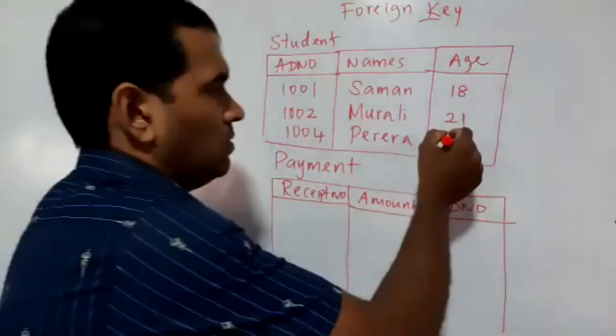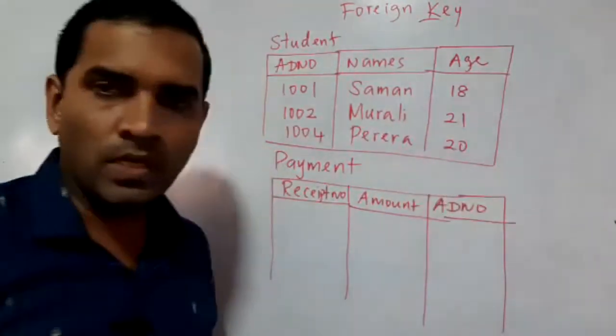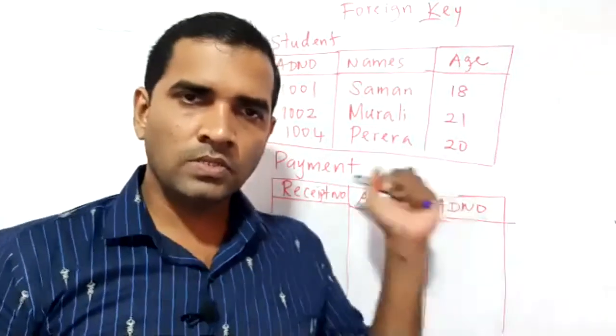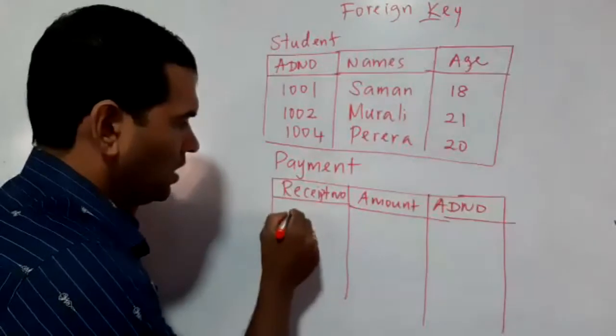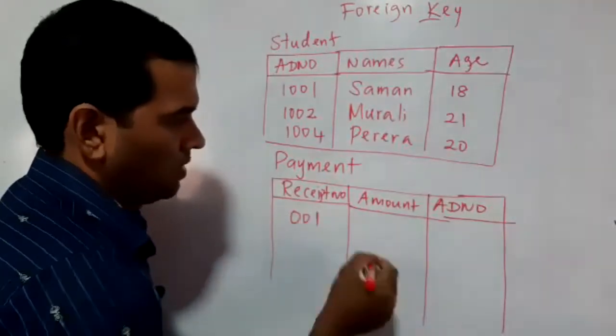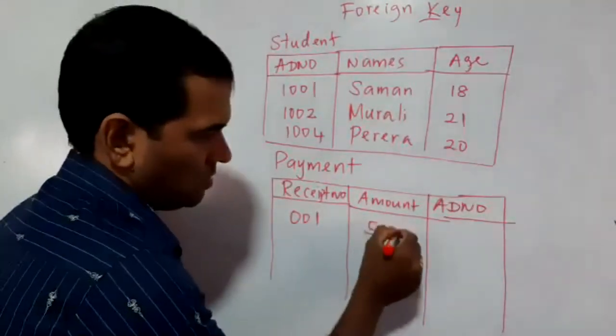So we have three records in the first table, which has students' data. Let's take the payment table. Here I have a receipt number and an amount.